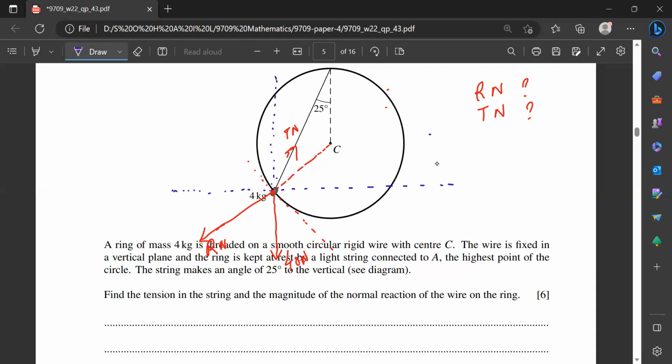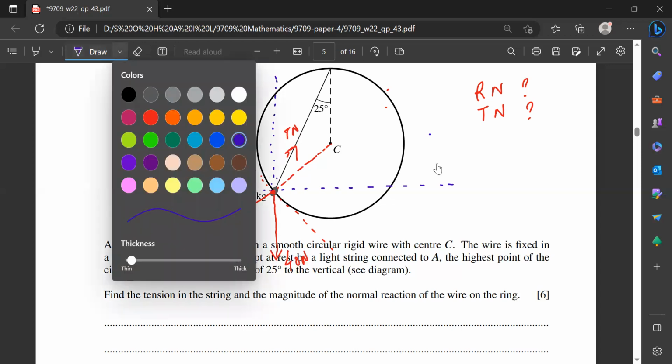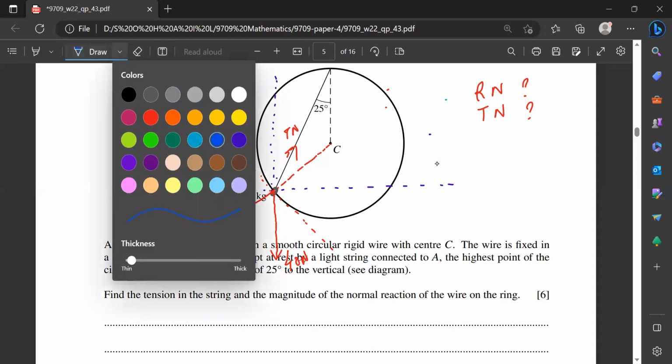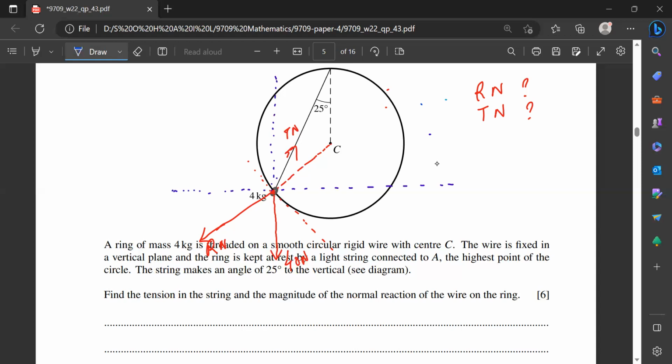So resolving forces along the x-axis or y-axis, horizontally and vertically, but the angle is not there. So for the angle, carefully do the working. You can join this C point to this dotted line. So we have a right angle triangle. One angle is 25, so 90 minus 25, this angle is 65.